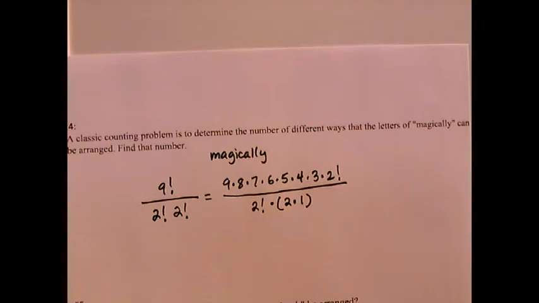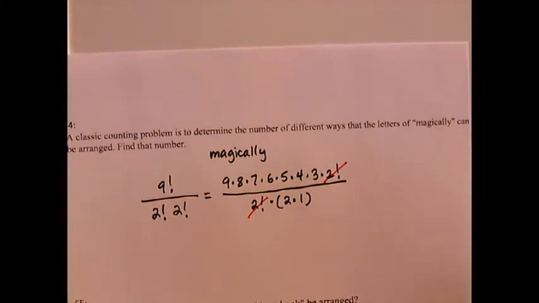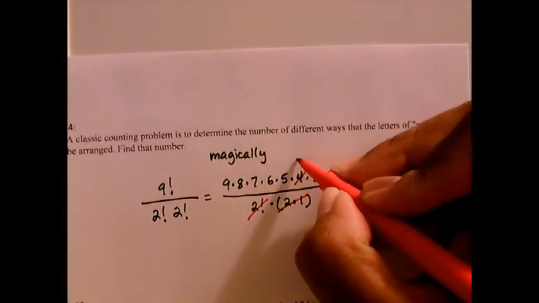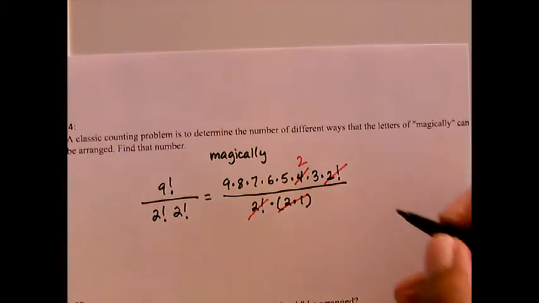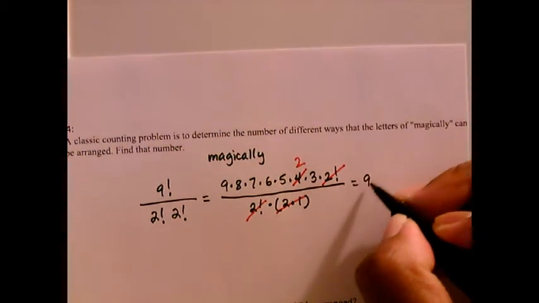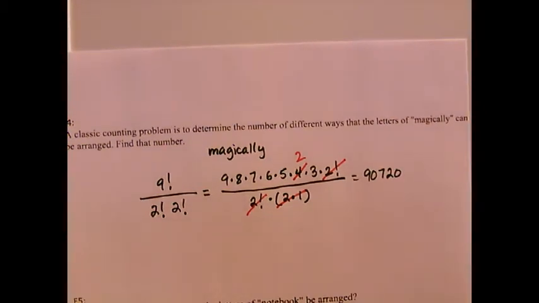So as you'll see, in this particular situation, one of your 2 factorials is gone. And 2 times 1, that's 2, that can go into this 4 2 times. So I have 9 times 8 times 7 times 6 times 5 times 2 times 3, which will be 90,720.